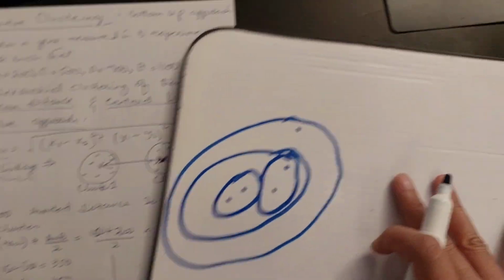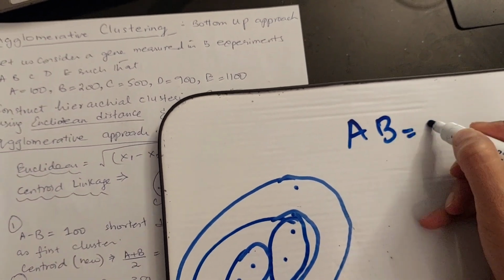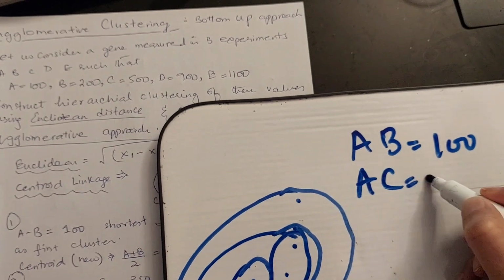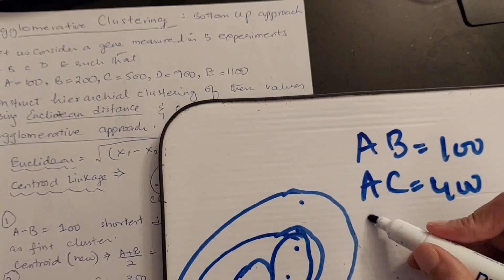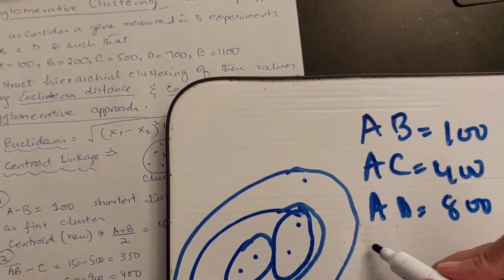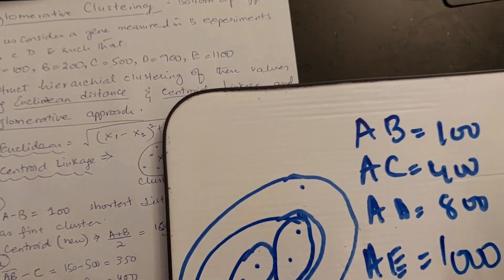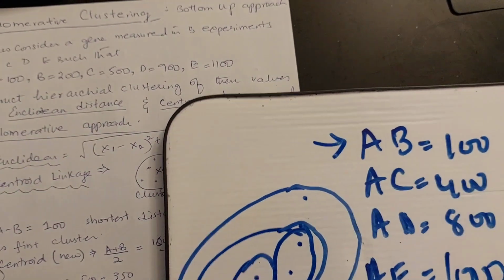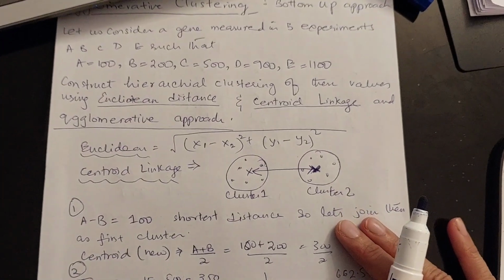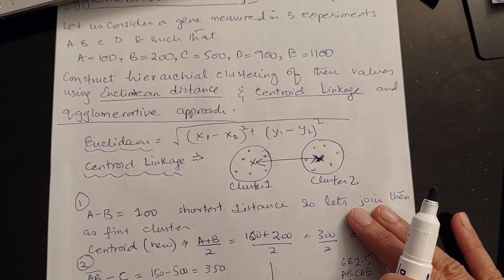The distance between A and B is 100, the distance between A and C is 400, the distance between A and D is 800, and the distance between A and E is 1000. So I can see that this is the smallest distance. So I will select the shortest distance and I will join these two clusters A and B.